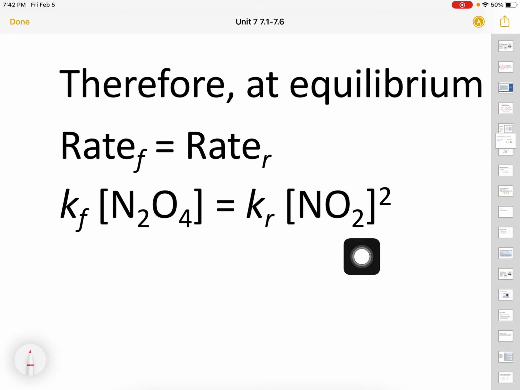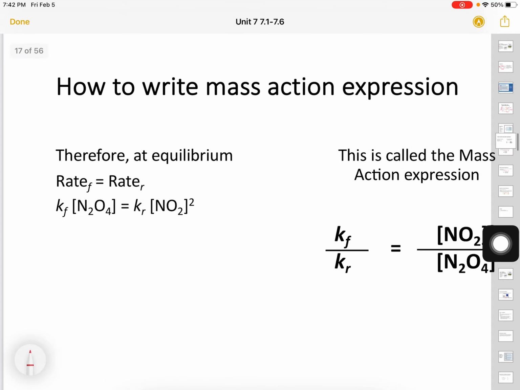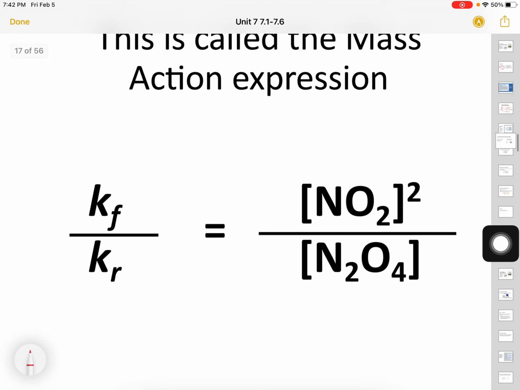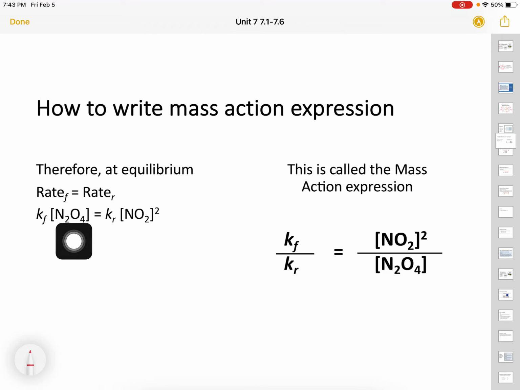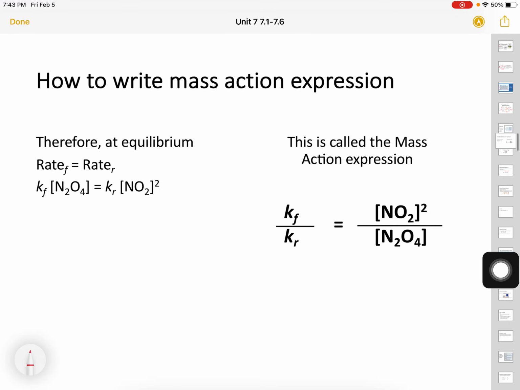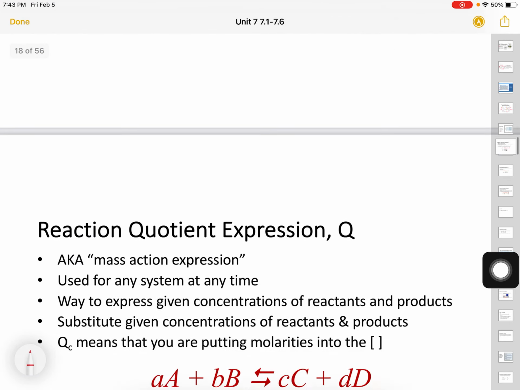Now, if I want to isolate the concentrations on the same side and the rate constants on the same side, I can divide by each and make it into what's called a mass action expression, where I have the forward over the reverse rate constants on the left. You can see it better this way. If I bring the N2O4 over here, then I have NO2 squared over N2O4. This is a lot simpler than what it looks.